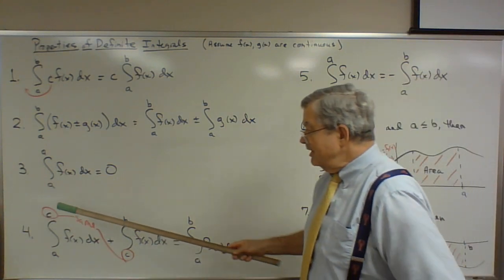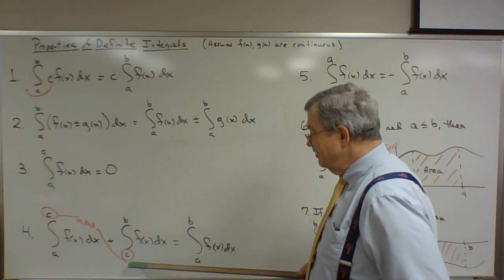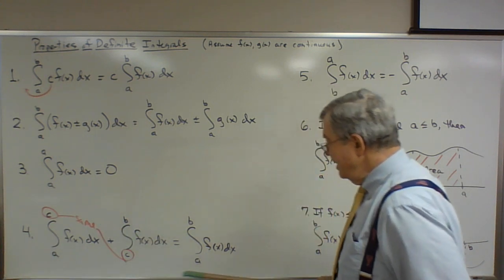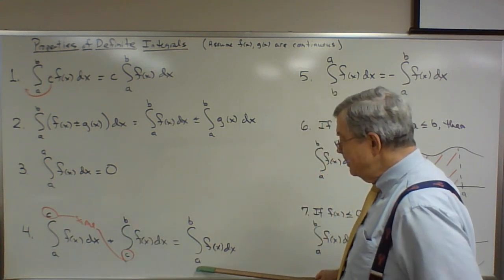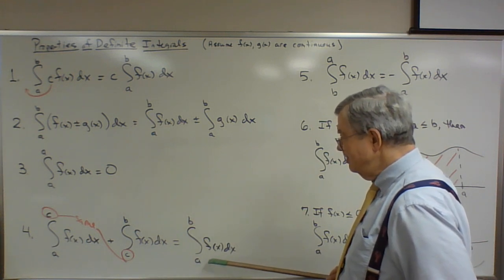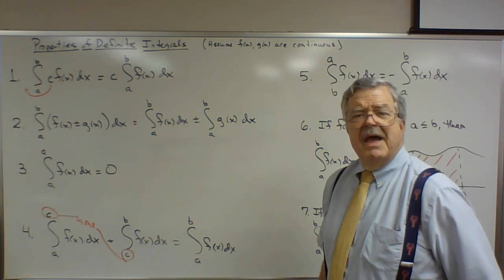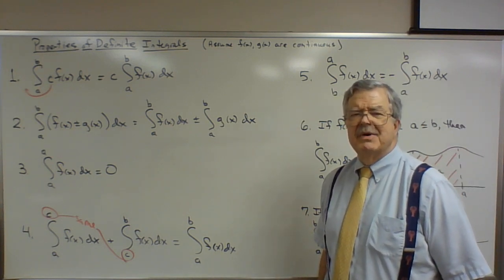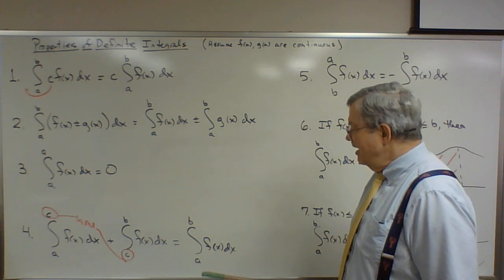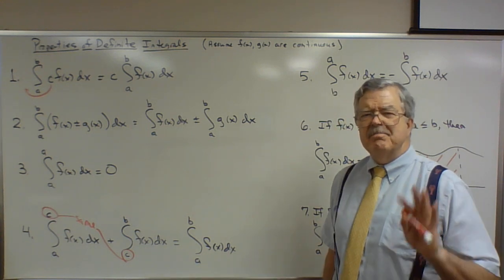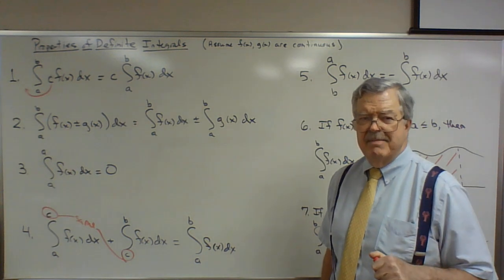But if the upper limit of the first is the same as the lower limit of the second, then we get the integral from the lower limit of the first to the upper limit of the second. That's what that turns out to be. And we'll give a geometric proof to that and also an algebraic proof. Once we see this, it'll make quite a bit of sense, especially if we look at it geometrically.